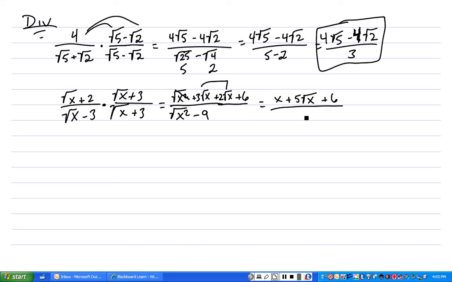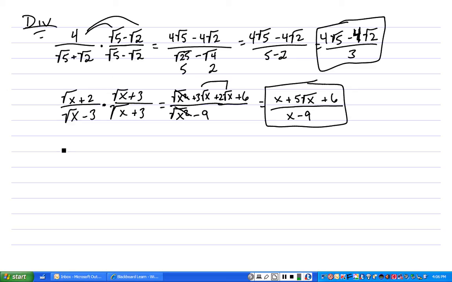And then down bottom, square root cancels square and leaves you an x minus 9. So you have x plus 5 square root of x plus 6 all over x minus 9. There's your answer. Alright, let's look at one more.